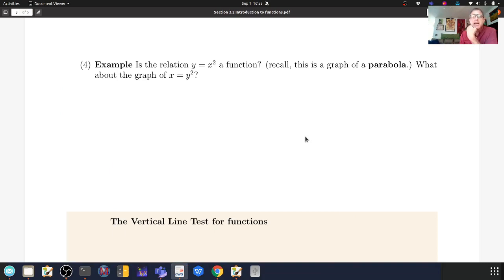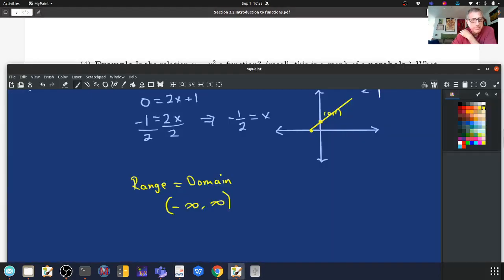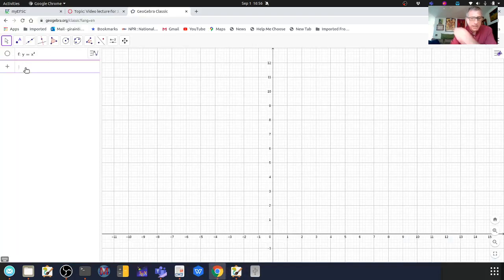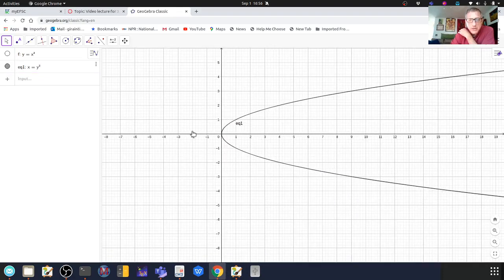What about the graph x is equal to y squared? So let's look at that one. No, that's not what I want. So let's go ahead and turn off this one. And now I'm going to put x is equal to y squared. So much easier.